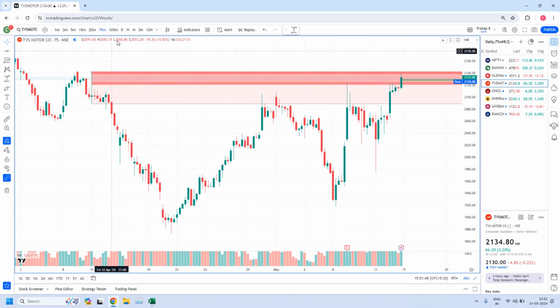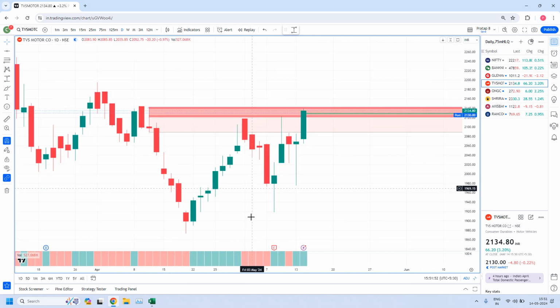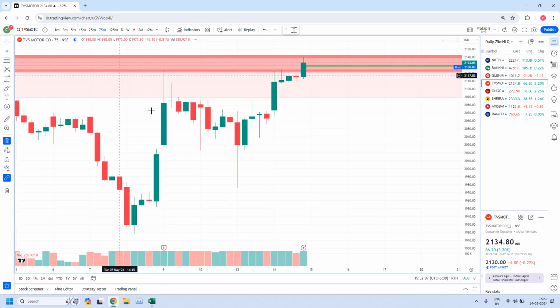Sorry, this is a daily supply zone, not 75 minutes, daily. We have a drop, base, drop. This is a high liquidity daily supply zone. So we have fine-tuned this zone with the 75 minutes time frame.